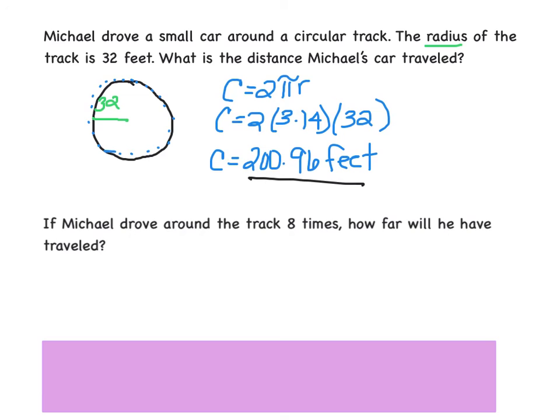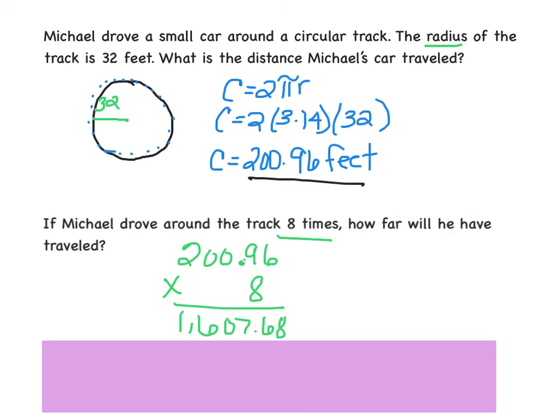So if he is going 8 times, all I need to do is multiply. So 200.96, the distance for one lap, times 8, and we're going to get 1,607.68 feet traveled if he drives around the track 8 times.